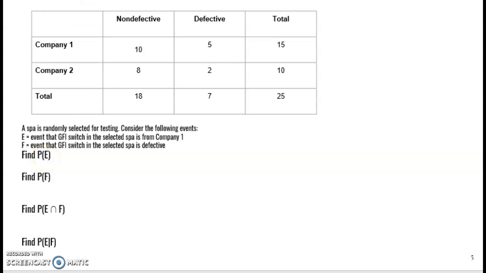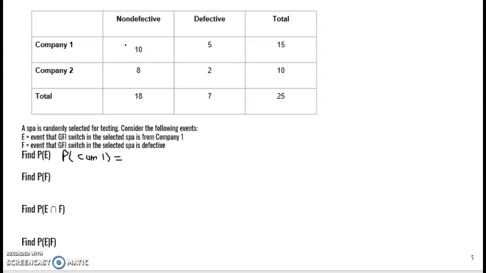So basically what we're asking here is the probability of event E, I'm going to just write it out, the switch is from company 1. Okay, so what's the probability that the switch is from company 1? And so we want to look at the whole company, right?